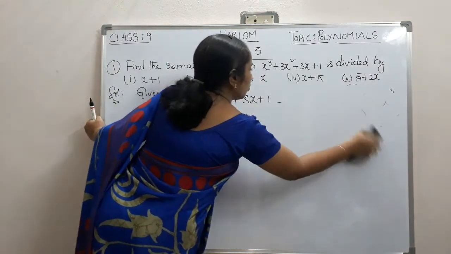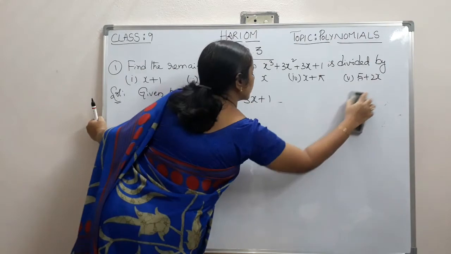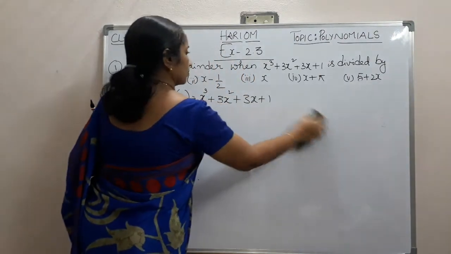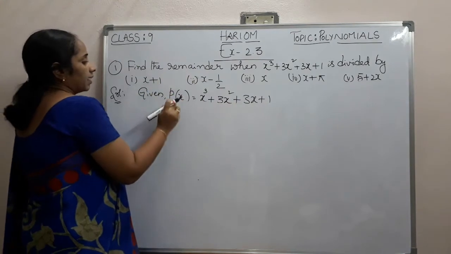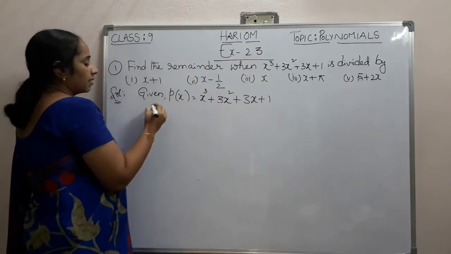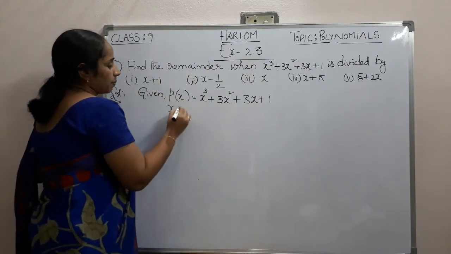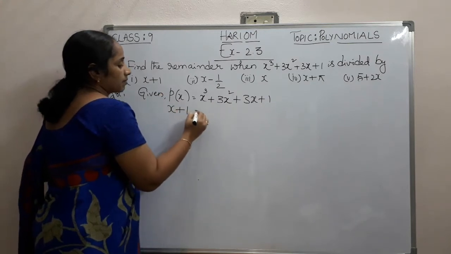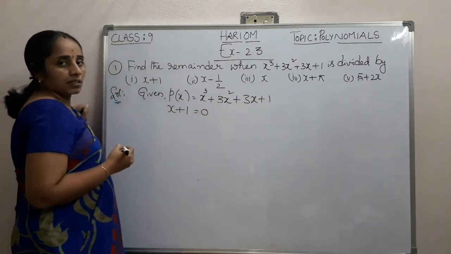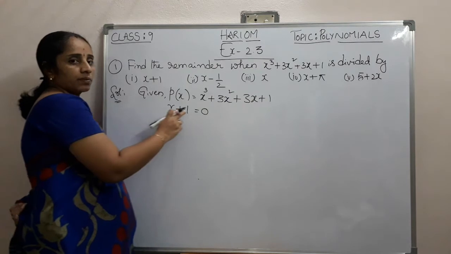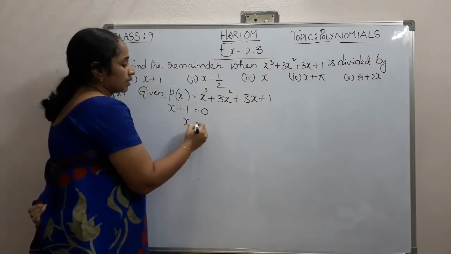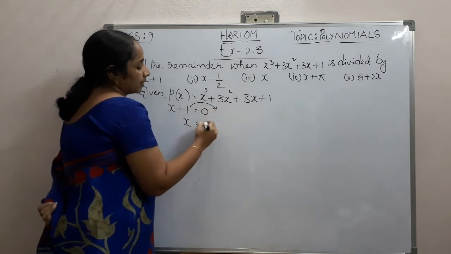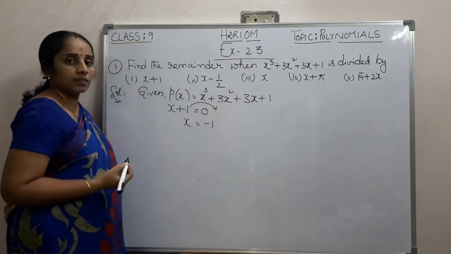Whatever they have given as divisor, take that as x plus 1 is equal to 0. X plus 1 is equal to 0. From this, x is equal to minus 1.